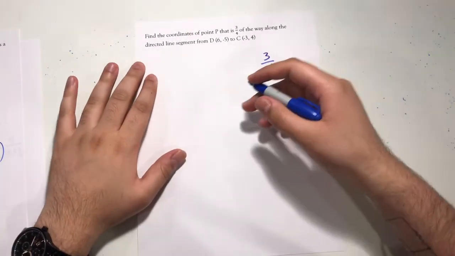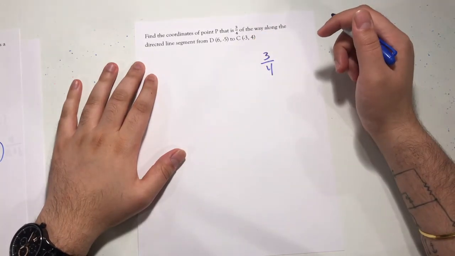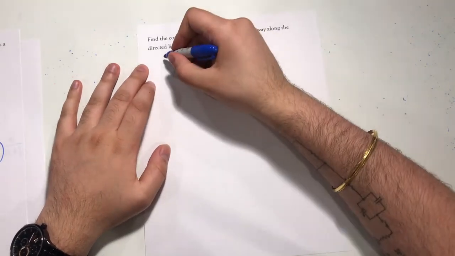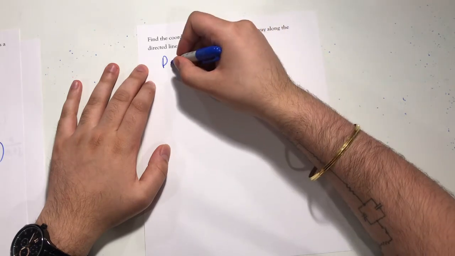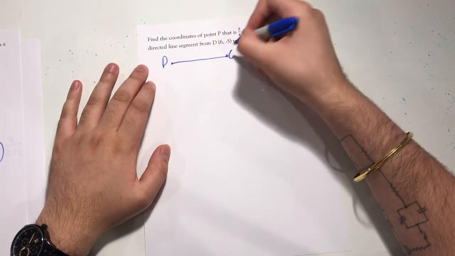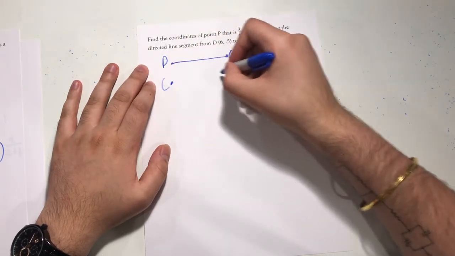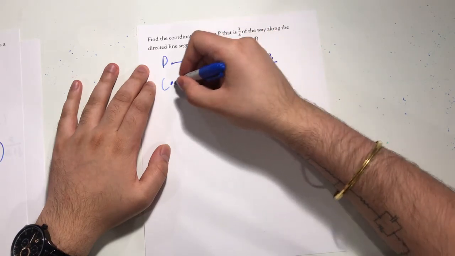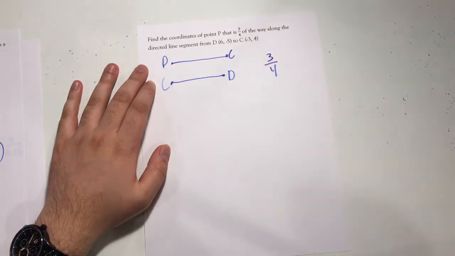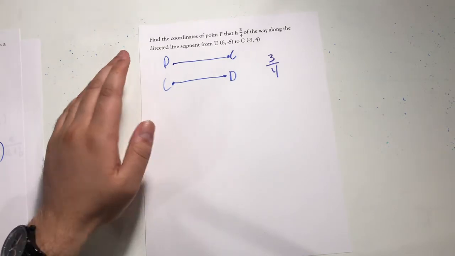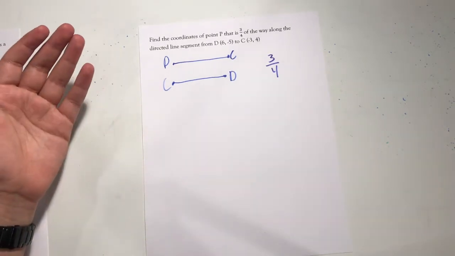And by that I mean, they give us two coordinate points, DC, but how do we know whether it's DC, right, or CD? That's kind of tricky because depending on which one it is, our answer is going to turn out different.